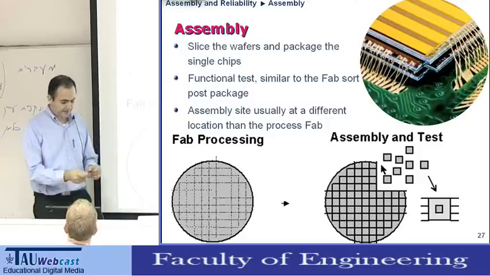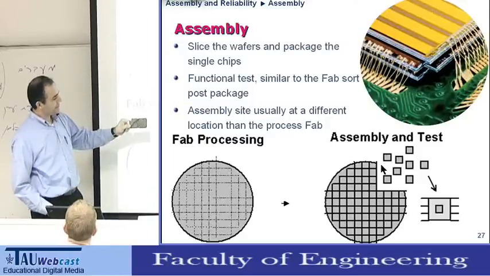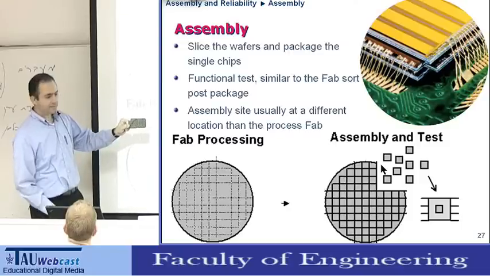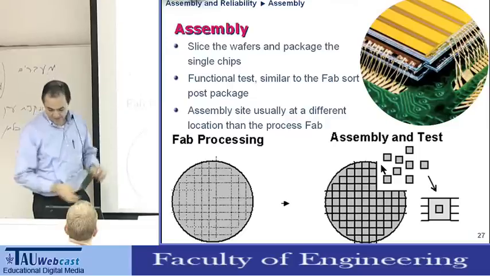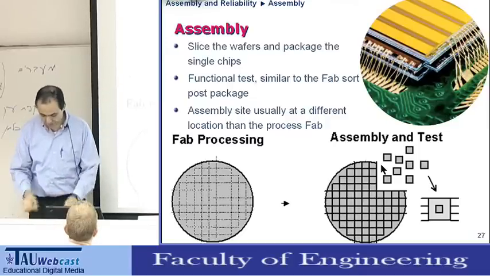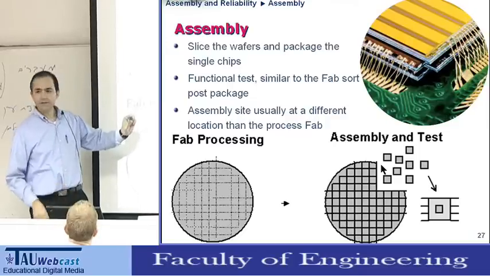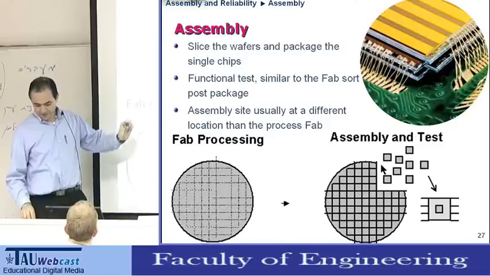So what we do is we take the dies, we bond them onto a substrate, and then we cut those substrates, and if they're small, they go onto a small chip.